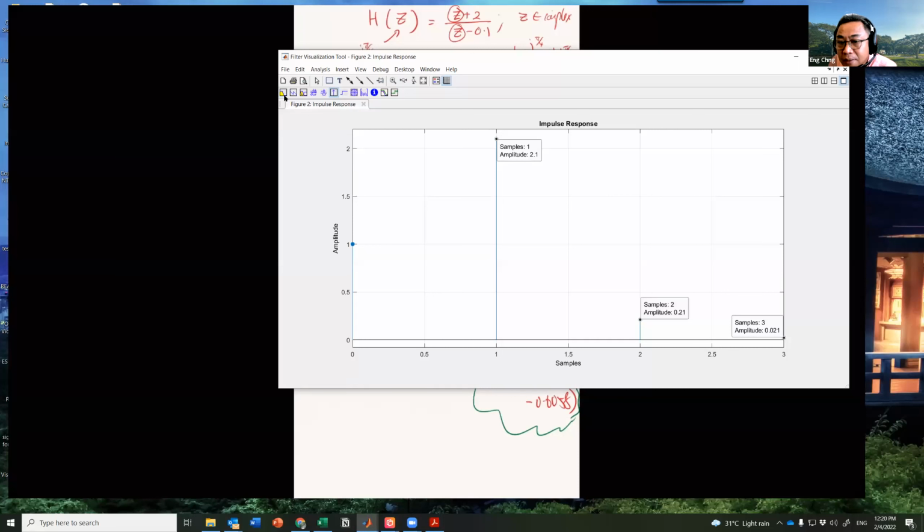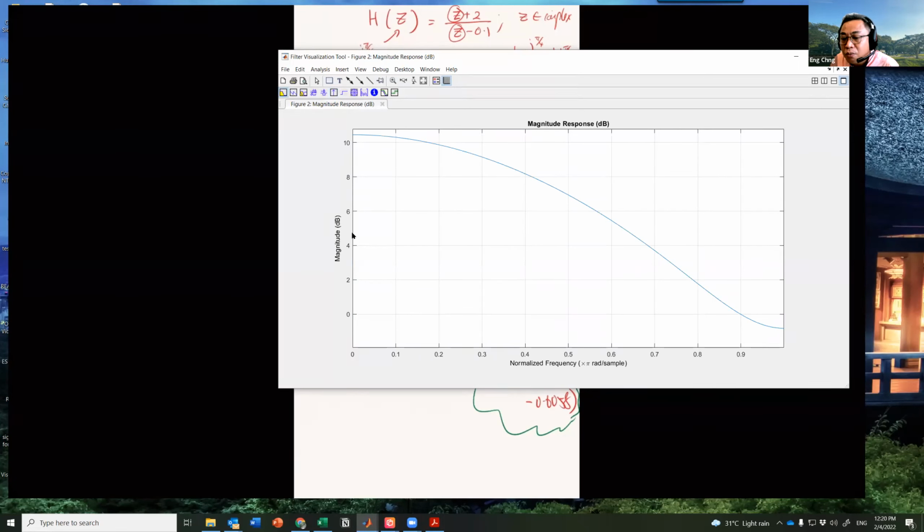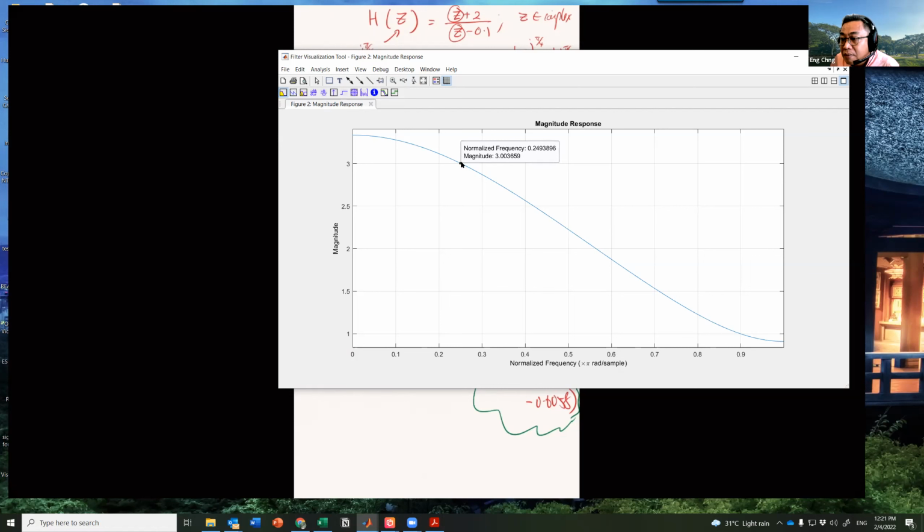If I click this button, it shows me my magnitude response. Right click here, do magnitude at pi over 4, which is 0.25 pi, and the gain is 3.